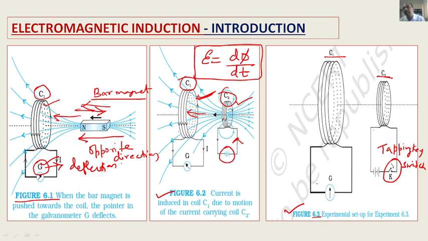Hence, there is no change in deflection of the galvanometer, and it shows that there is no induced current. Now, when the tapping key is pressed, in the initial time, when the current started flowing through coil C2, the galvanometer showed deflection.